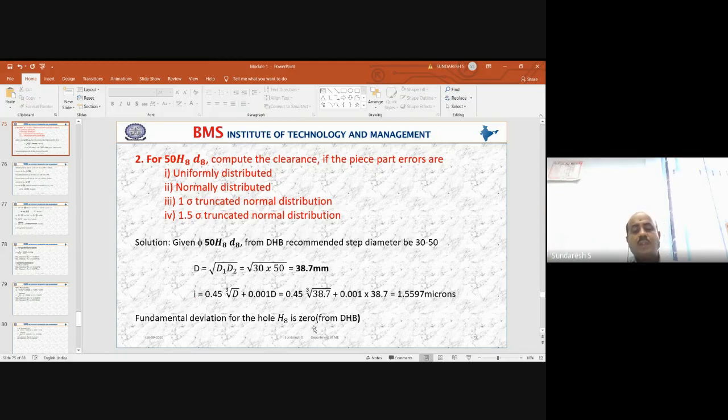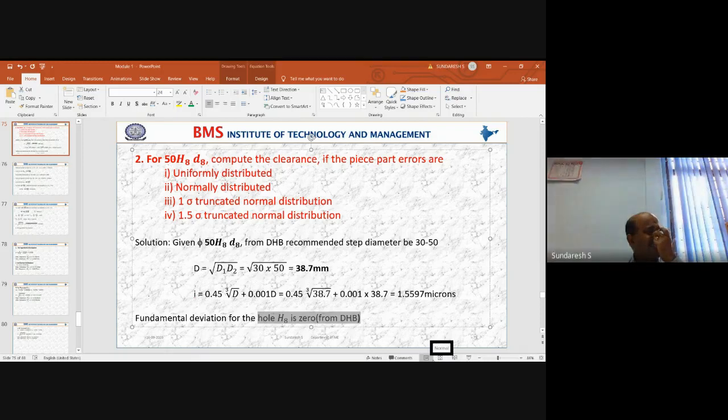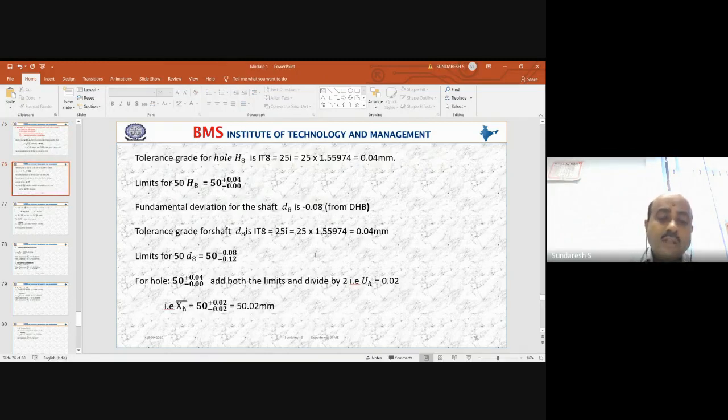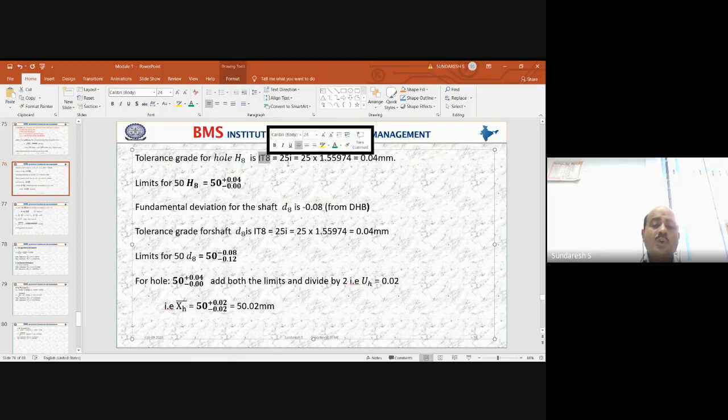Next, the fundamental deviation for the hole, from the data handbook. For hole H8, the fundamental deviation is 0. Next, the tolerance grade for hole H8 is IT8, which is equal to 25I.